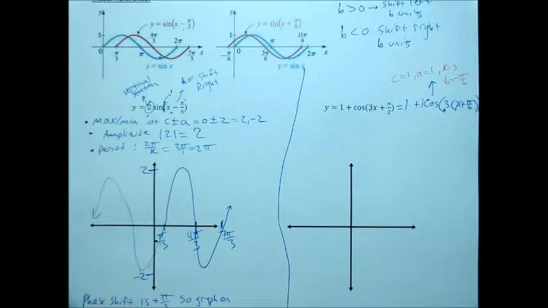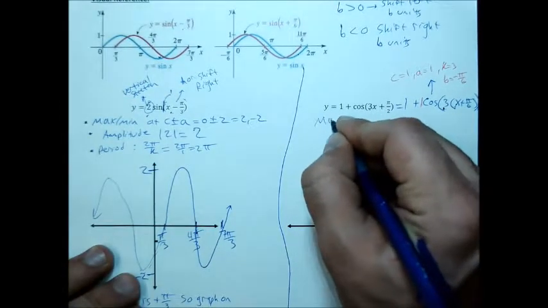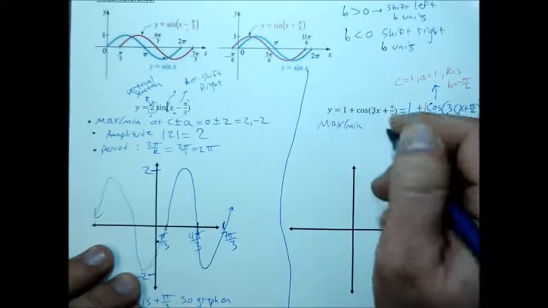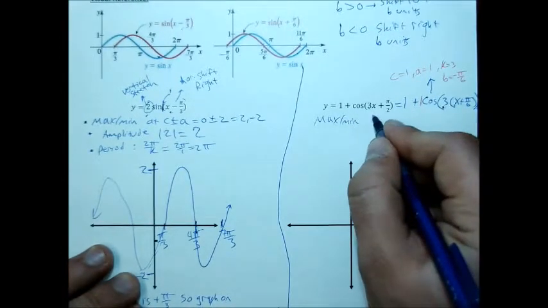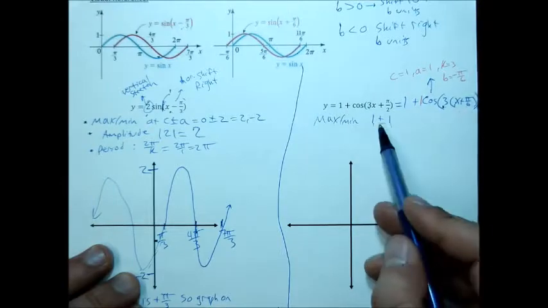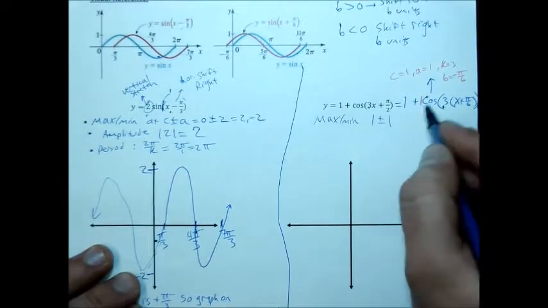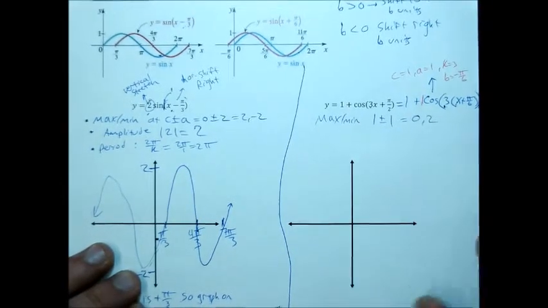Now we just want to write down the maxes and the mins, the amplitude, and the phase shift, and go ahead and plot. We see first that we've got a max and a min at 1 plus or minus 1, right? C plus or minus A. And so that's 0 and 2.